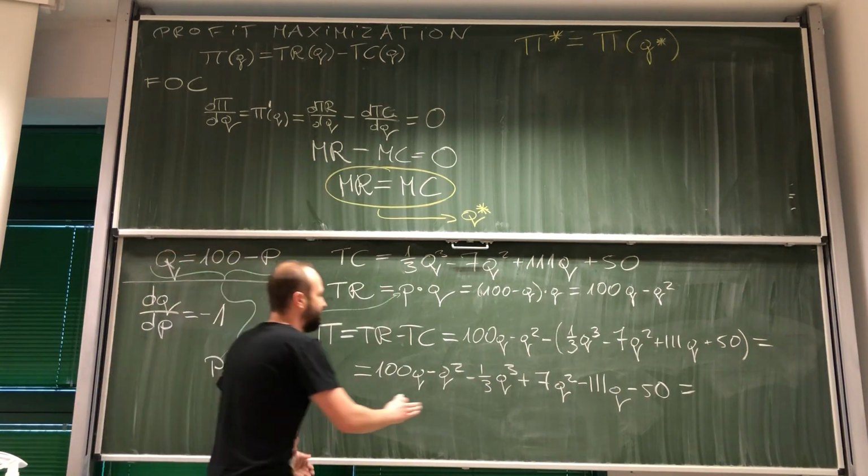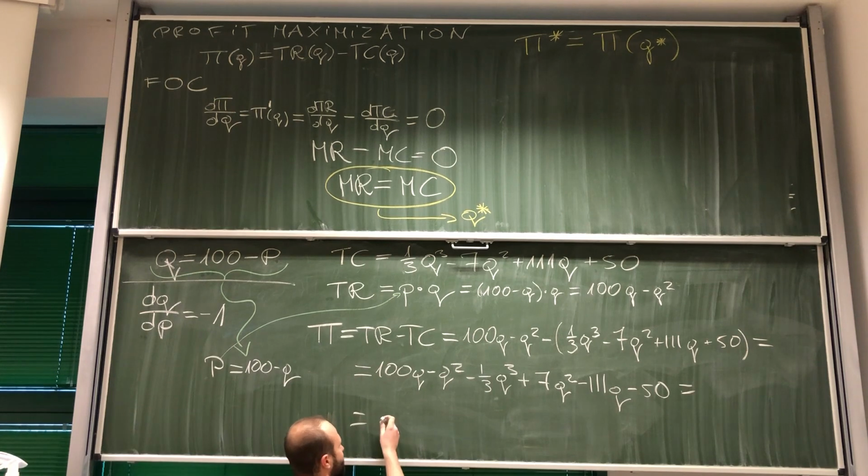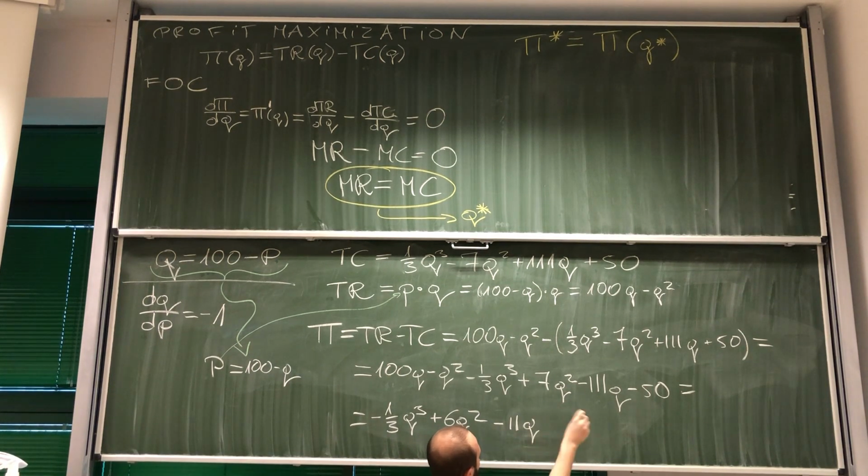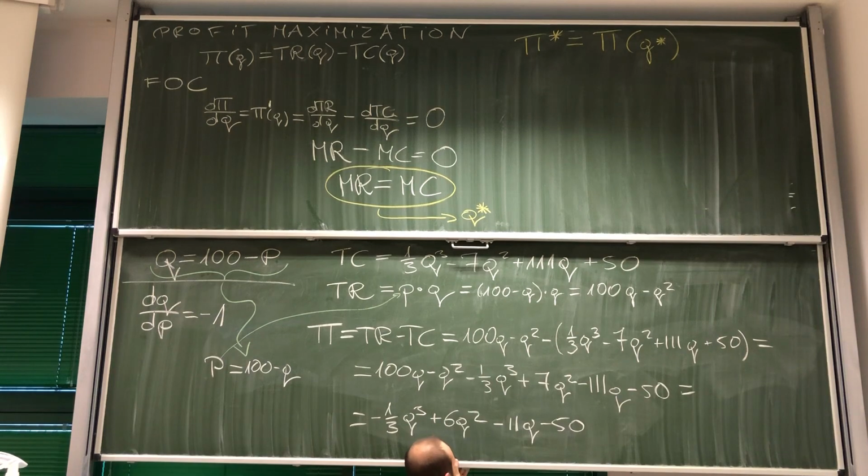The expression with q cubed will definitely remain unchanged. Then we've got two expressions with q squared, so this is plus 6q squared. 100q minus 111q will give us minus 11q, and then we just got minus 50.